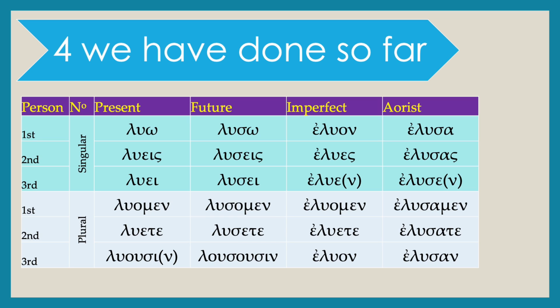In their basic and simple forms, the aorist adds an epsilon and a sigma augment and begins the verb ending with a thematic alpha. So here you can see a comparison of the different persons and the different tenses.